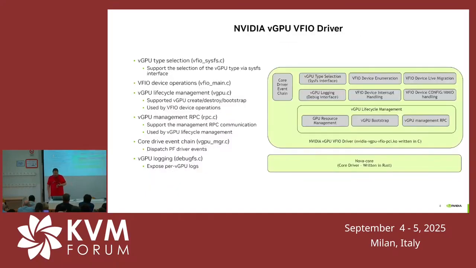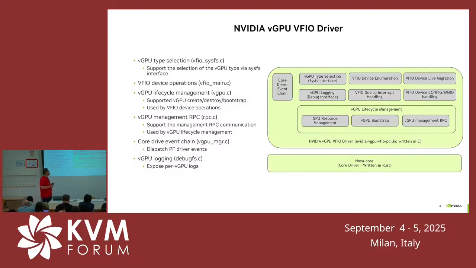Now the VFIO vGPU driver and its components. On the left part, there are the interfaces for the user to select the vGPU types. The vGPU is defined as a resource combination, called vGPU types, and we will talk about that later. You have to select what kind of vGPU you want to create.